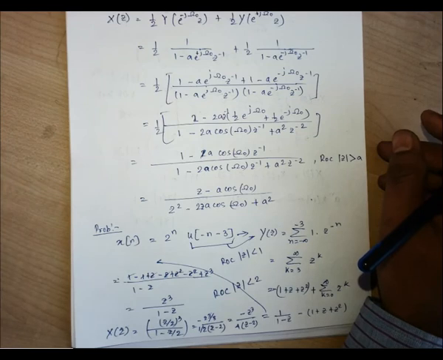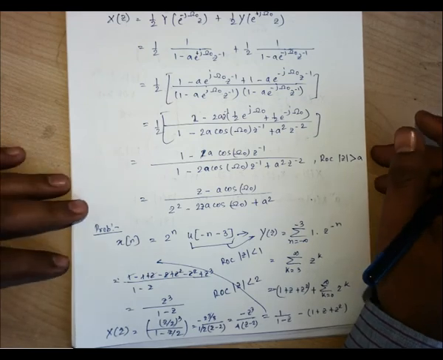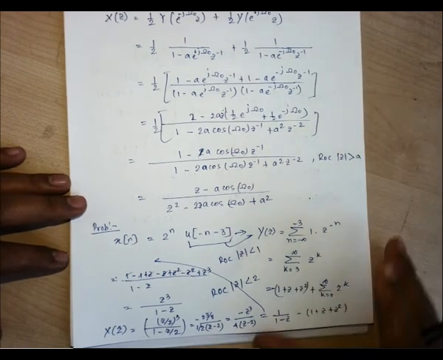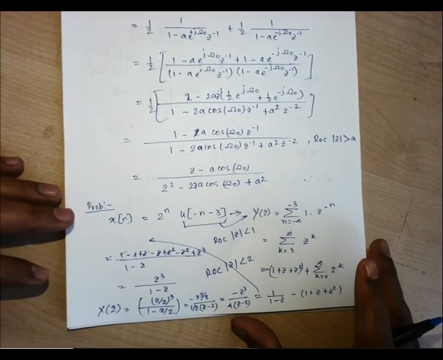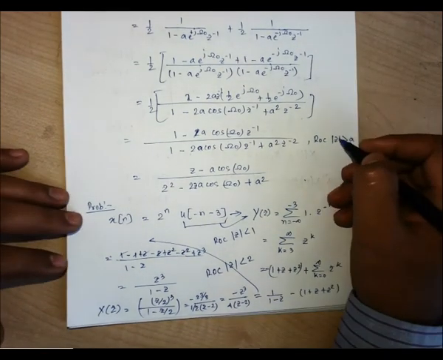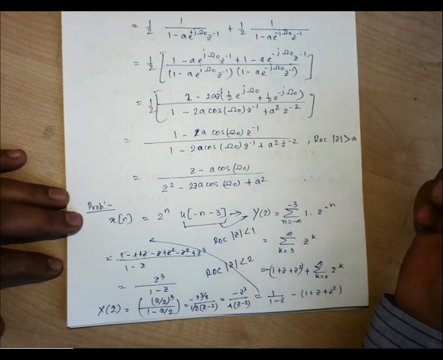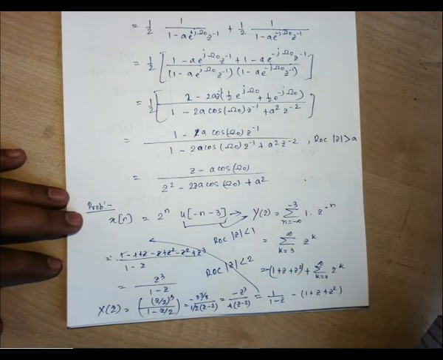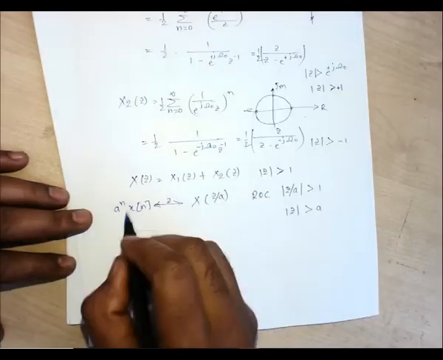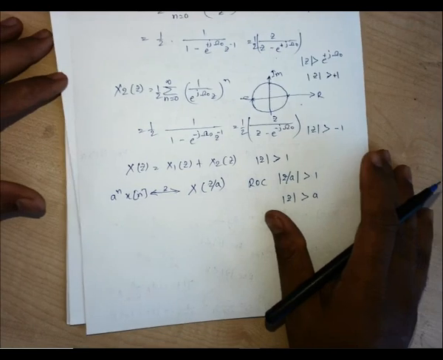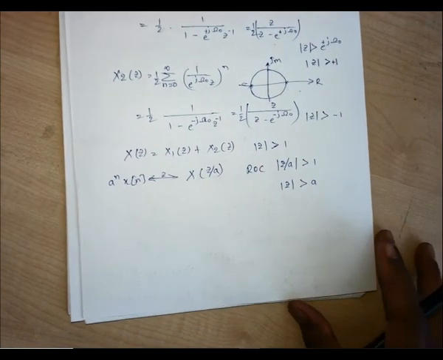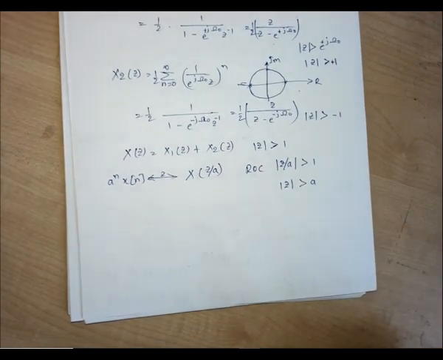Clear? Or any doubt? Clear? Here, in the same way, multiplying with e to the power j omega naught gives the maximum value of 1. It is the same as multiplying with a to the power n. Clear? Any other doubt?